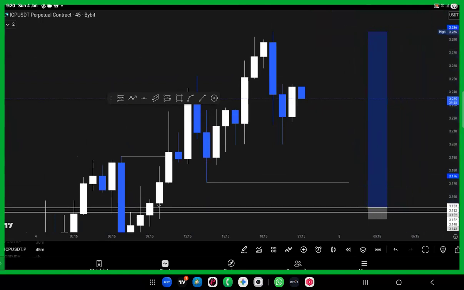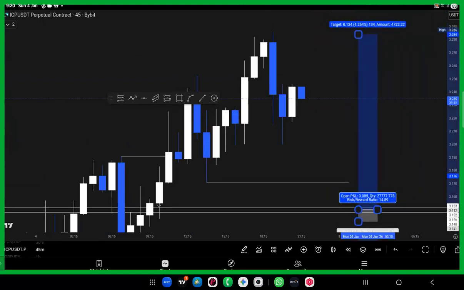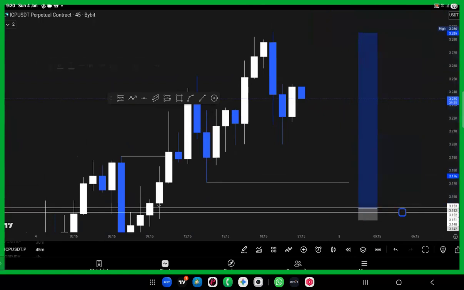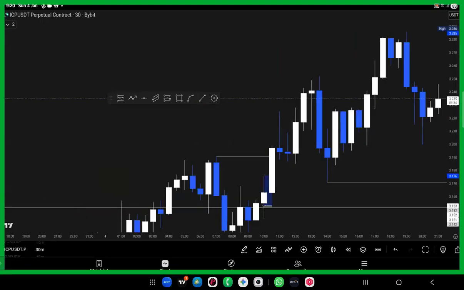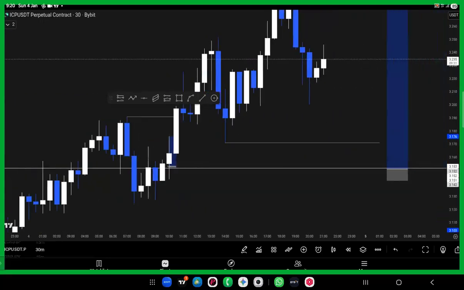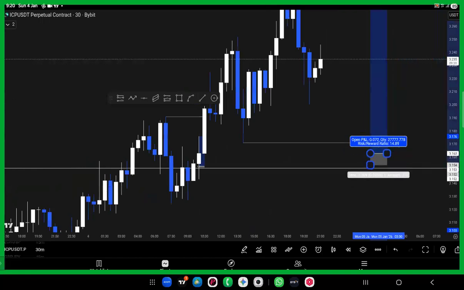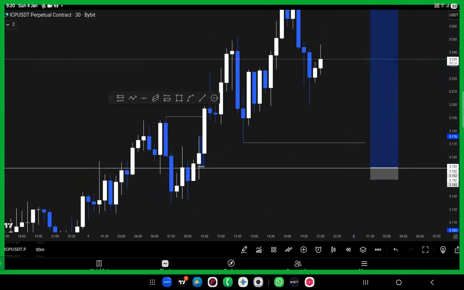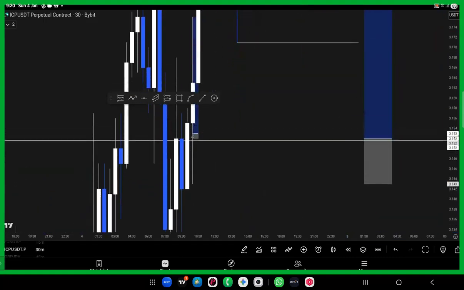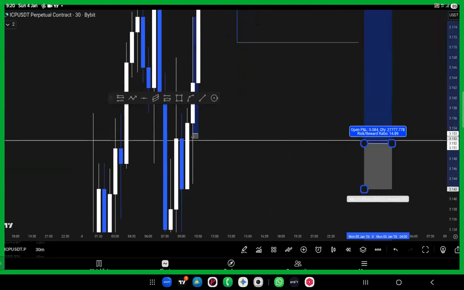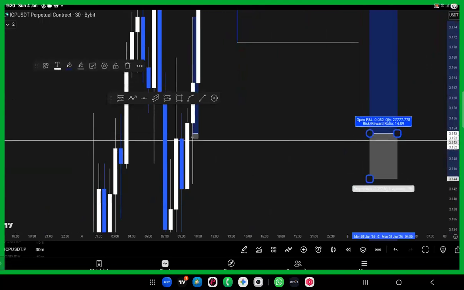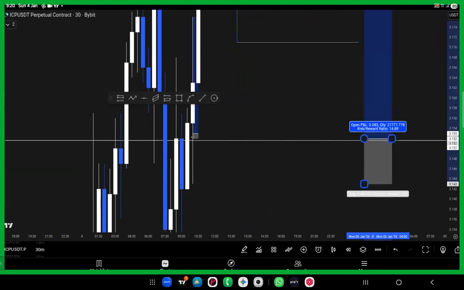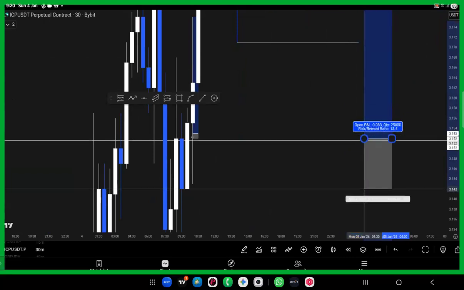All right, I'll be going with this 1:14. This is just a little bit of how you can advance your points of interest, which we should be talking about in advanced market structure.